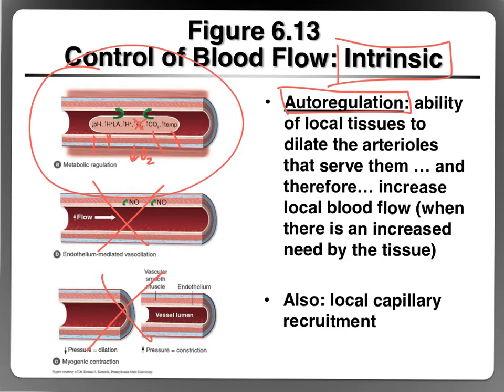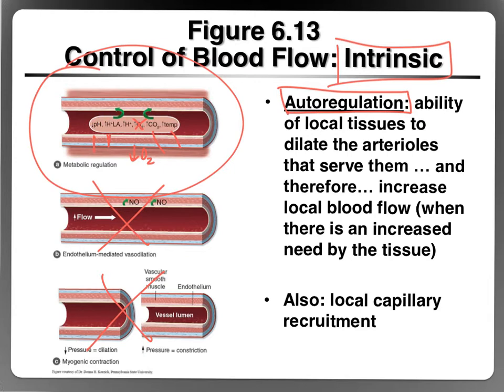So pH, lactic acid, oxygen, CO2, those things are being monitored by chemoreceptors. And temperature is being monitored by thermoreceptors. When the chemoreceptors or the thermoreceptors in the area sense these types of changes, it triggers a negative feedback response to try to counter these changes.